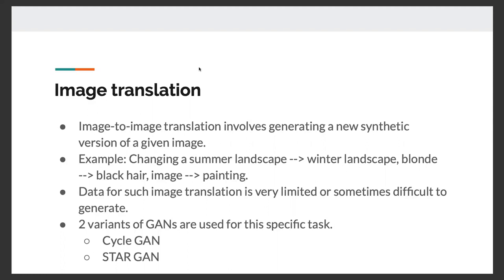This kind of task often suffers from very little data, because data for such image translation is very limited or sometimes very difficult to generate. So this kind of task is often related to unsupervised learning. Two variants of GANs are used for this specific task, the CycleGAN and the StarGAN.